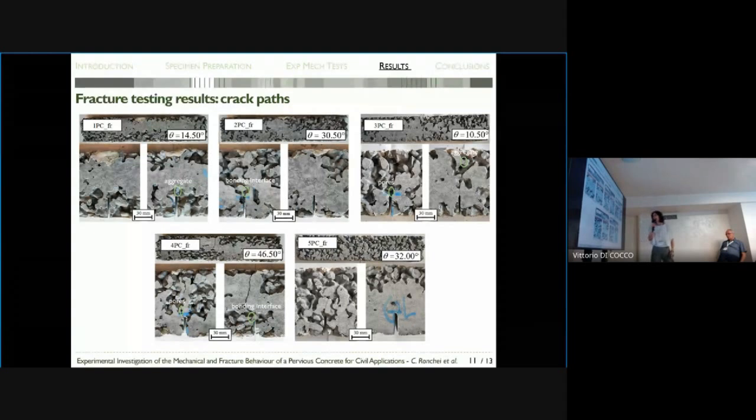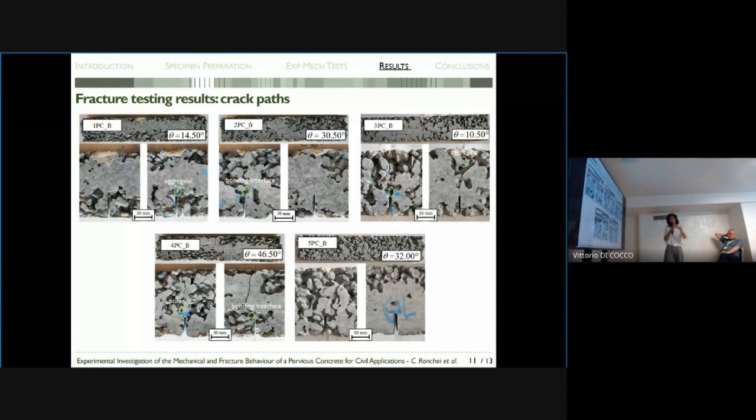In the analyzed specimens, the theta value ranges between 10 degrees and 47 degrees, and the most significant crack deflections are observed in specimens 4PC and 5PC. This behavior can be attributed to both large pores and small bonding interfaces located near the notch tip, thus influencing the crack initiation.